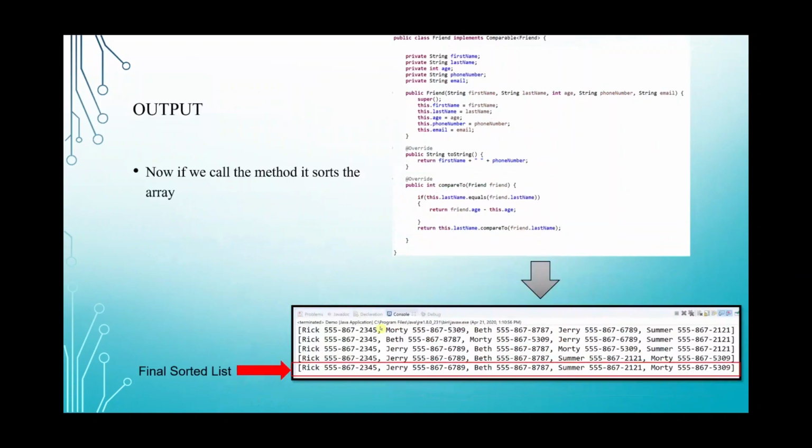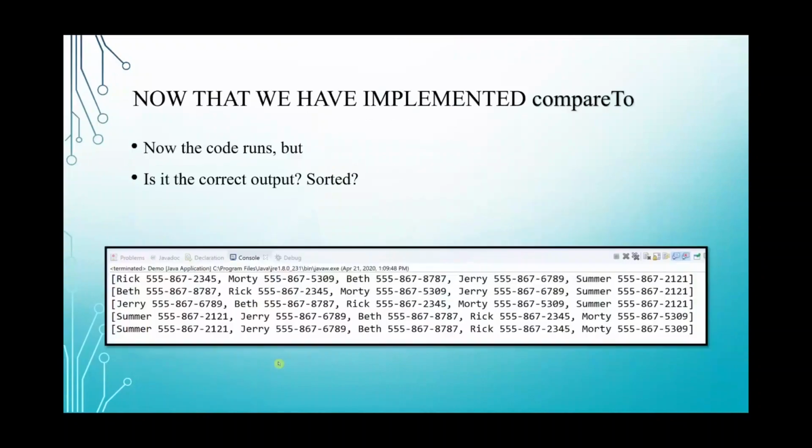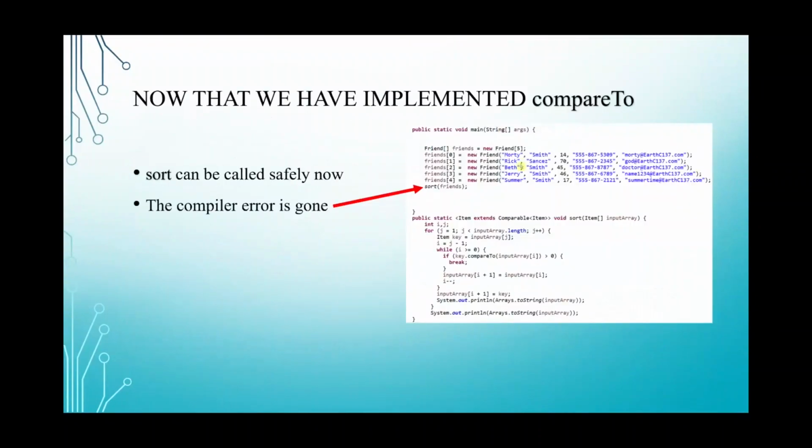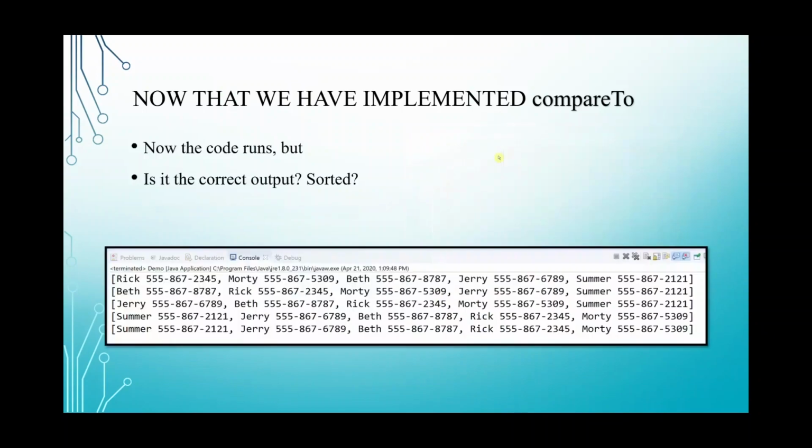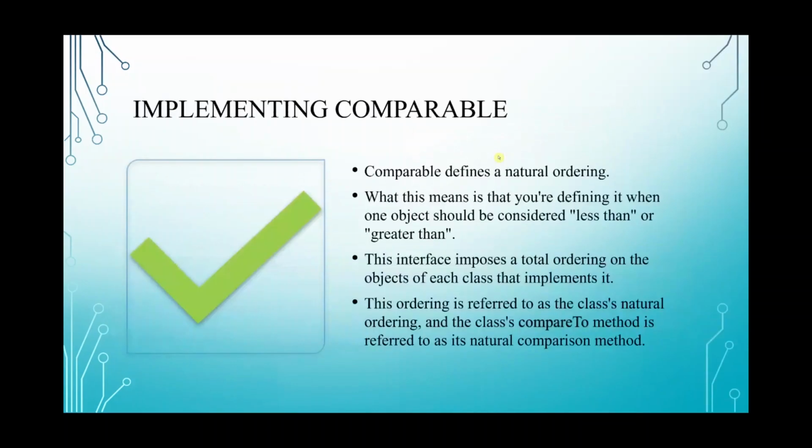Okay, so we tried this first, and that was the right thing, right? Because even if we changed Rick's age, Rick is going to be the first one. Because when you look at this list, Rick is of last name Sanchez. I don't know why I have Sancti in my code. Anyway.